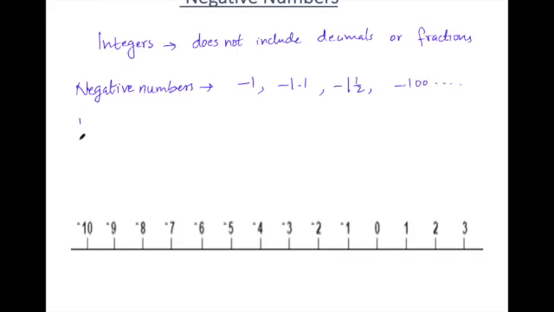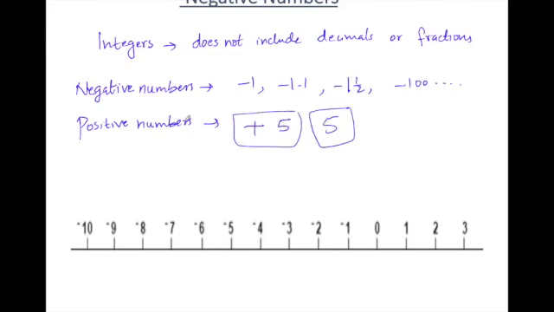But what about positive numbers? How do we write them? Positive numbers can be written in 2 ways, either with a positive sign, or the same as writing the number alone, 5 alone. It's the same actually. Positive numbers can be written with a plus sign or without any sign. But negative numbers, definitely we need to have the sign.